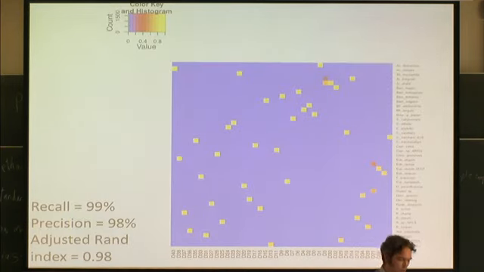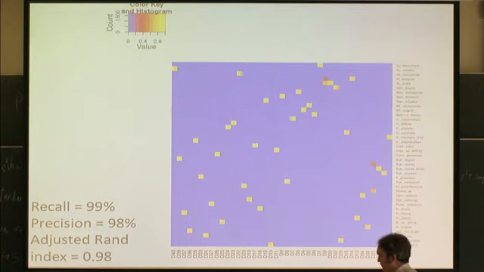But we can use some statistics from machine learning to evaluate how effective our clustering is, because for this data set, we know exactly which species each contig came from. I'm illustrating this in a heat map here. For each cluster, we've got its frequency across species.